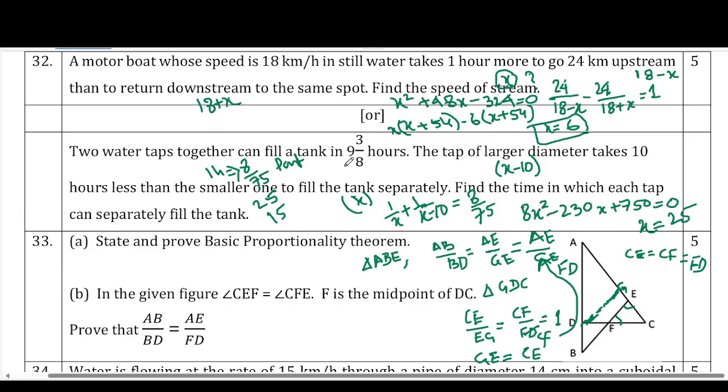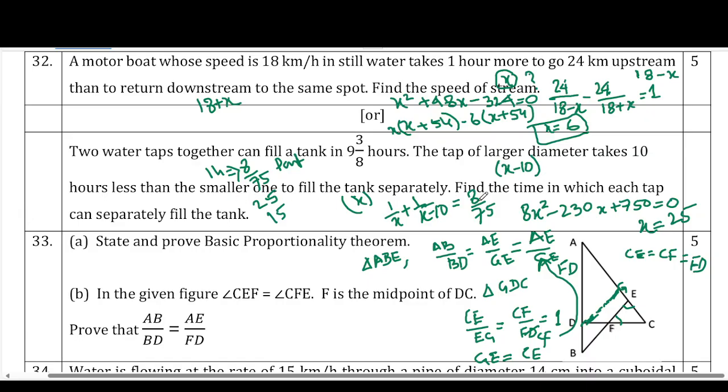Now the total time both take is 75 by 8 hours, so in 1 hour they fill 8 by 75 part. The larger one takes 10 hours less than the smaller one. So if the smaller one takes x, the larger one will take x minus 10 hours.